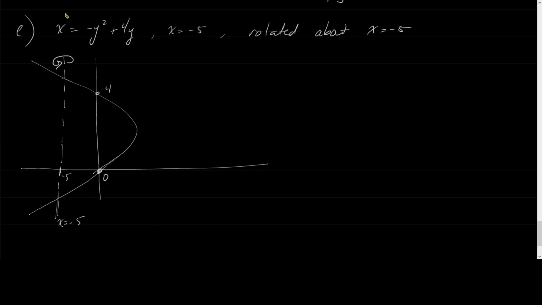Well, let's see, what do we do? Well, the first thing I'm going to do here is figure out what the representative rectangle looks like. And the representative rectangle would be this, right? So that tells me that this entire distance is my radius. Now, because we're rotating around a vertical axis, right, we're going to be using everything in terms of y.